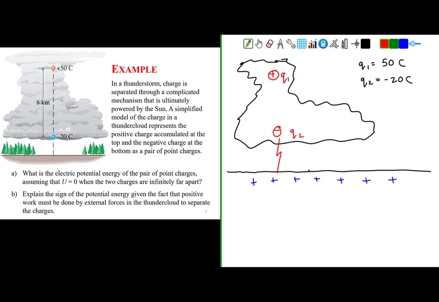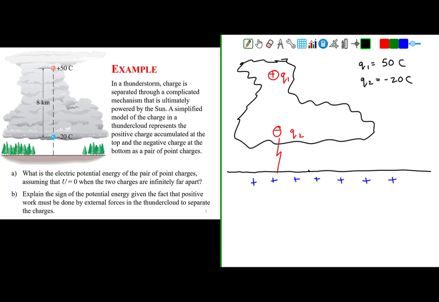Whenever we talked about gravitational potential energy, two masses were always involved. For example, the gravitational potential energy of an apple falling to Earth is an energy shared between apple and Earth. In this case, it's the electric potential energy between two unequal charges, Q1 and Q2.